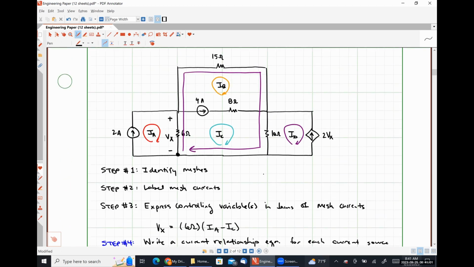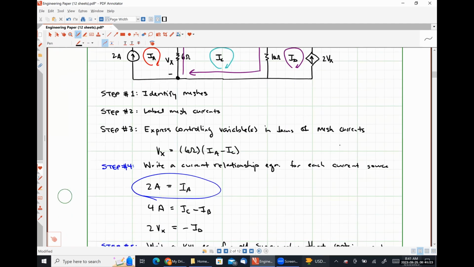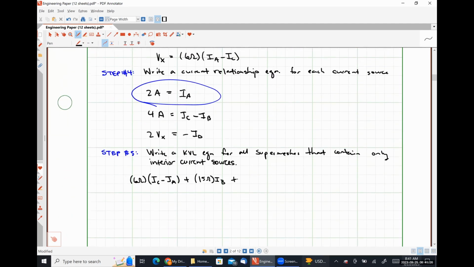Mason, what would my next term look like? So that 10 ohm resistor is shared between meshes C and D. So why isn't mesh current D making a contribution? There we go. So 10 ohms times IC minus ID. Set this equal to 0.